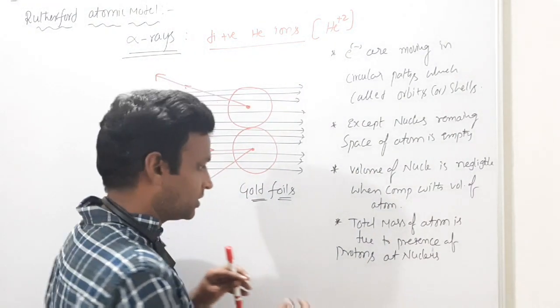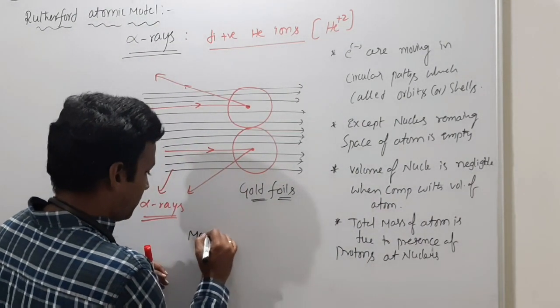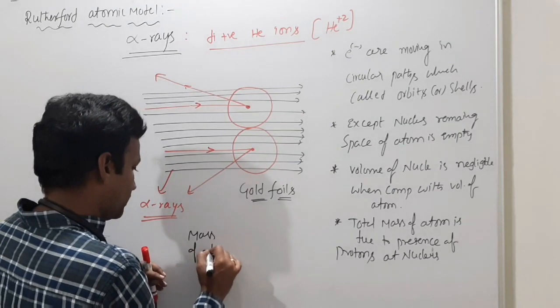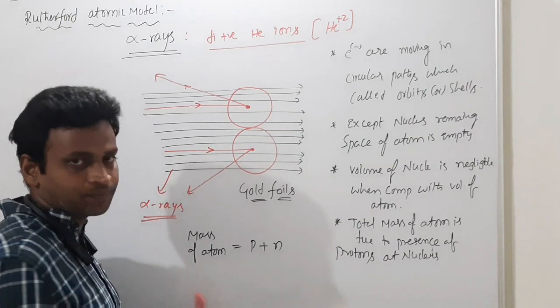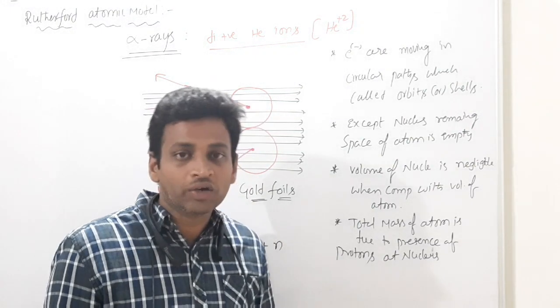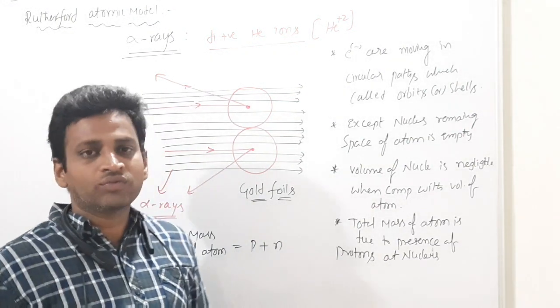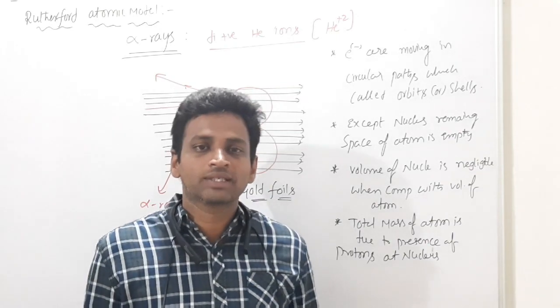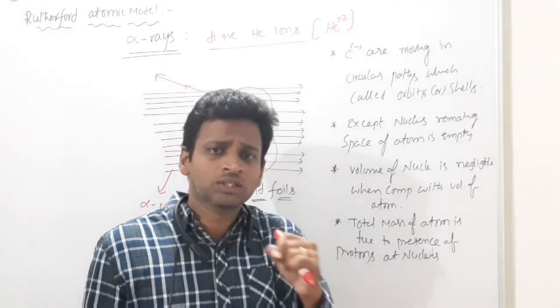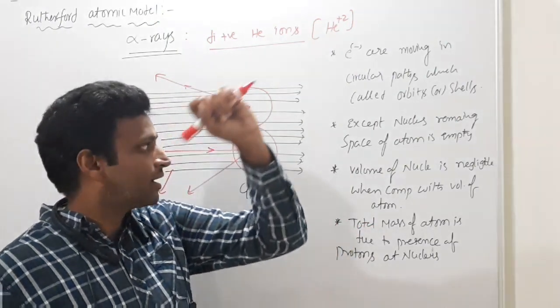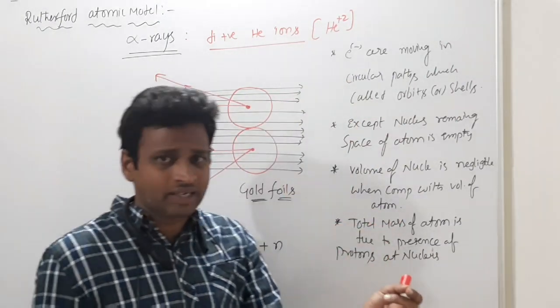But later Chadwick said that the mass of the atom equals protons plus neutrons. Chadwick concluded that, not Rutherford. Rutherford said the mass of the atom is due to the presence of protons, and protons are positively charged, and he gave the charge correctly.